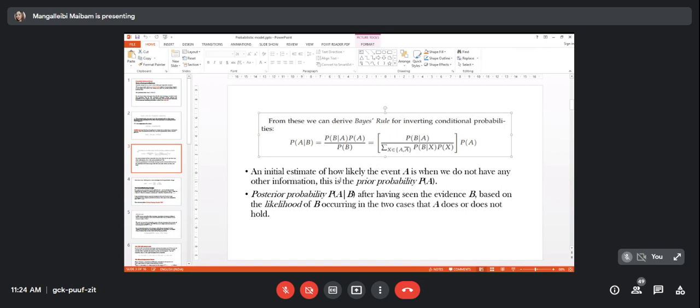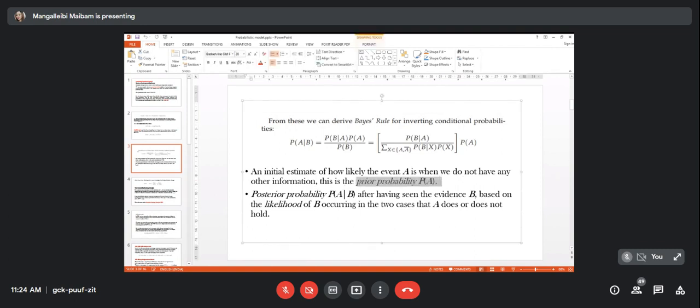This is an initial estimate: we are going to find out the initial estimate of how likely the event A is to have happened when we do not have any other information. This is known as prior probability.